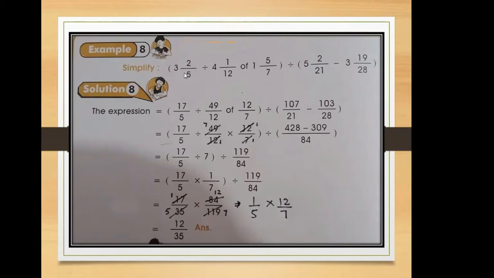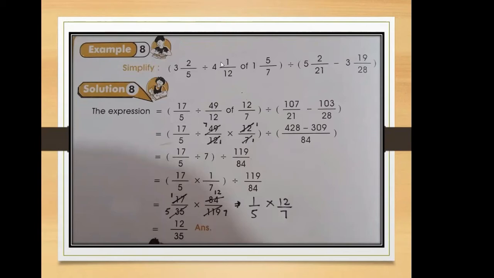Simple. Multiply the denominator with the whole number and then add the numerator. So 5 multiplied by 3 becomes 15, and add 2, it becomes 17 over 5. The denominator always remains the same. There will be no change in the denominator.